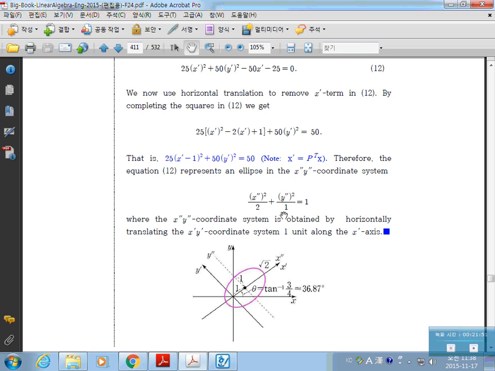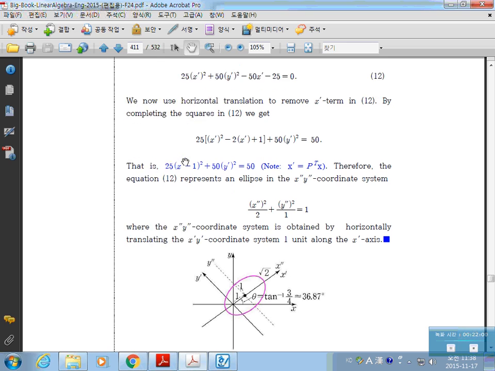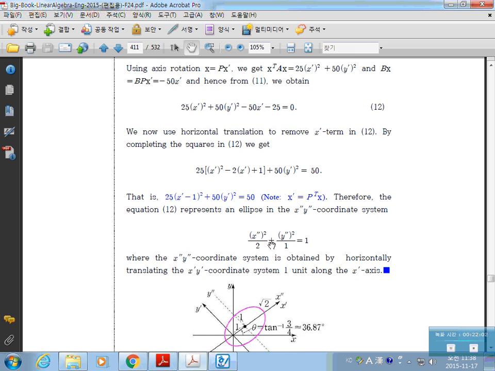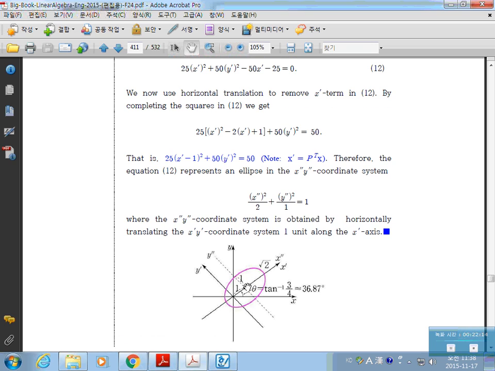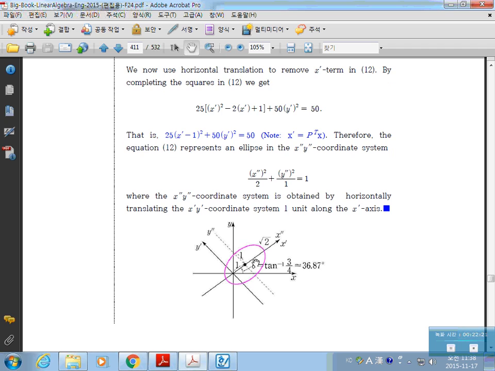You draw that one first in the new axis, and what that means is then you move back 1 unit on the x-axis and rotate by arc tangent 3/4 clockwise, then counterclockwise, because you are going back to the xy axis to draw the graph that you saw here.